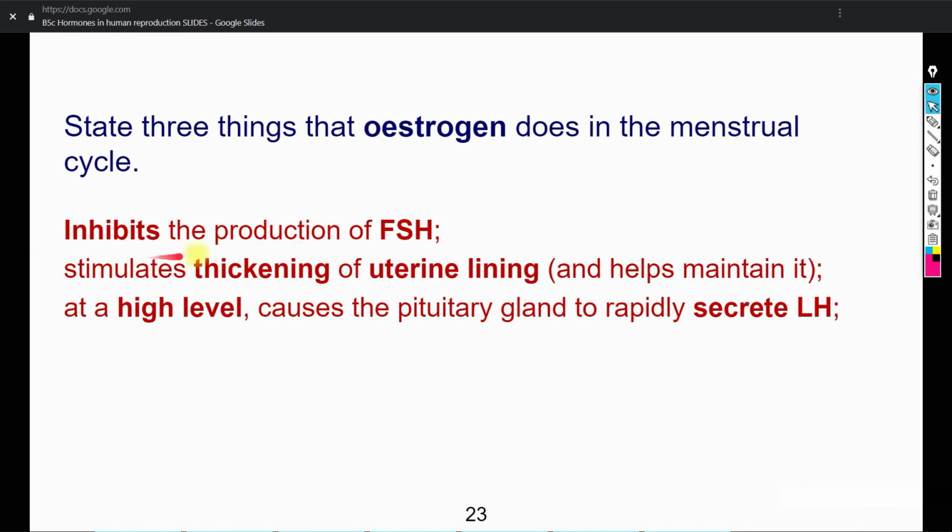Well, it inhibits the production of FSH. It stimulates the thickening of the lining of the uterus. And at a really high level, it causes the pituitary gland to rapidly secrete a burst of LH, and that will cause ovulation.